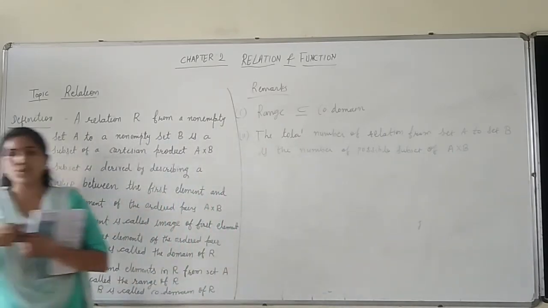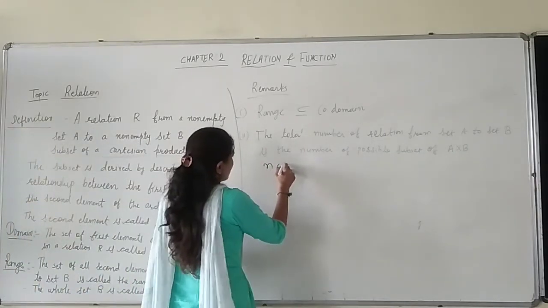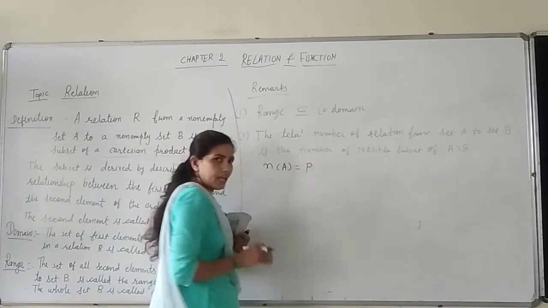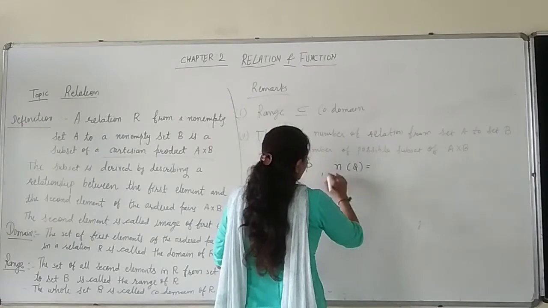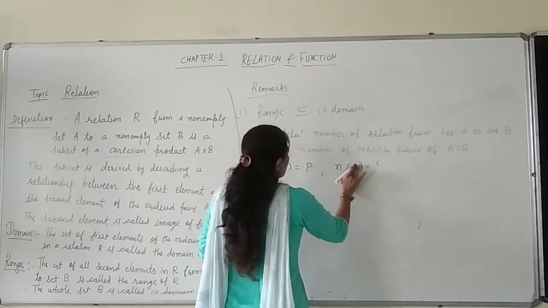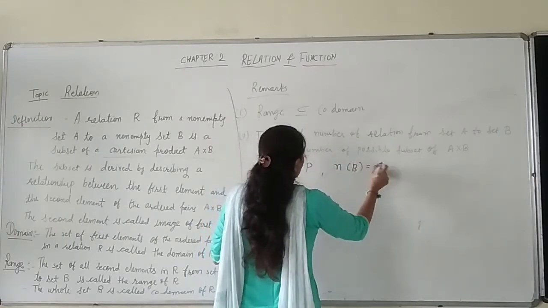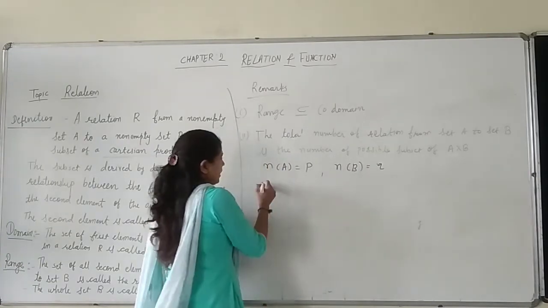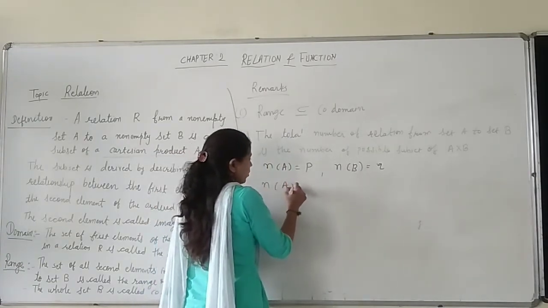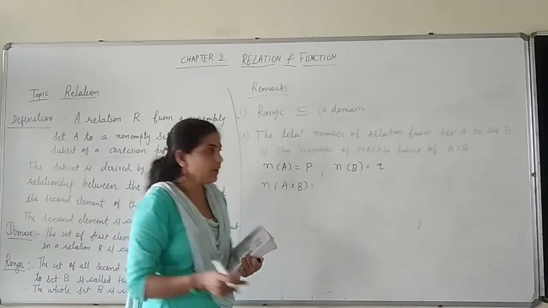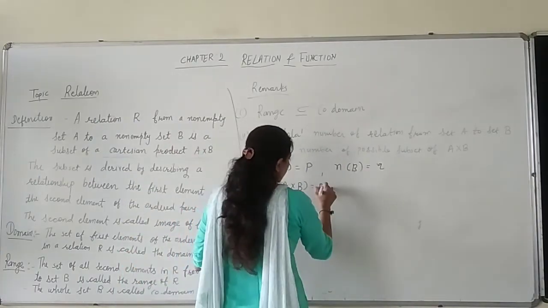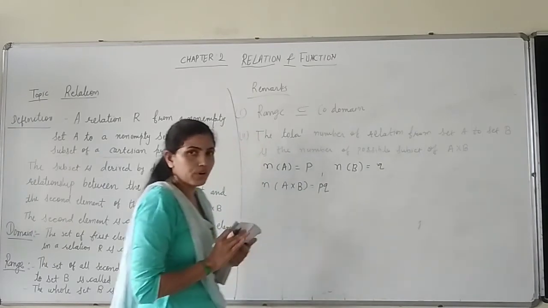Suppose that the number of elements in A is equal to p, and the number of elements in B is equal to q. Then we know how many elements A cross B will have. The Cartesian product will have the multiplication of these two numbers, that is p into q, right?